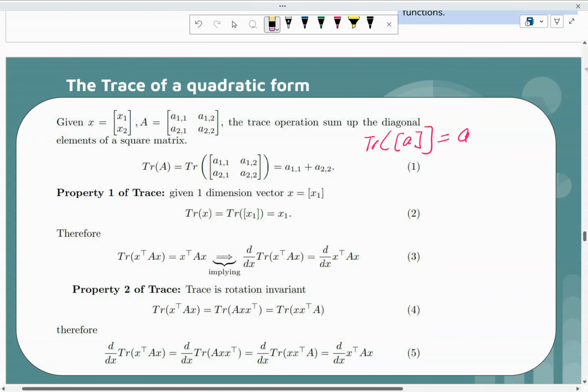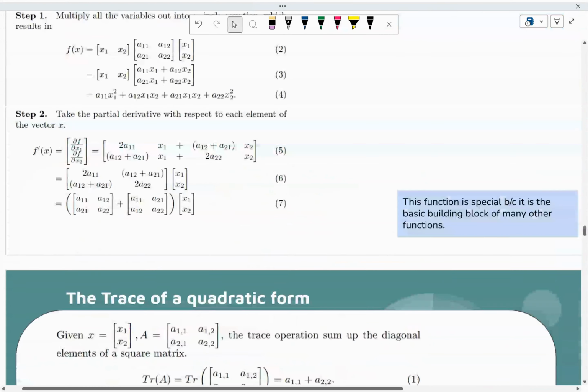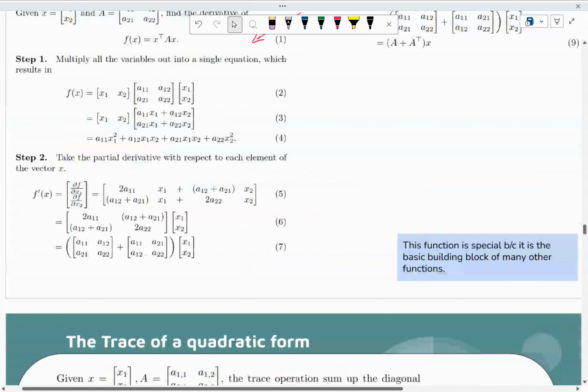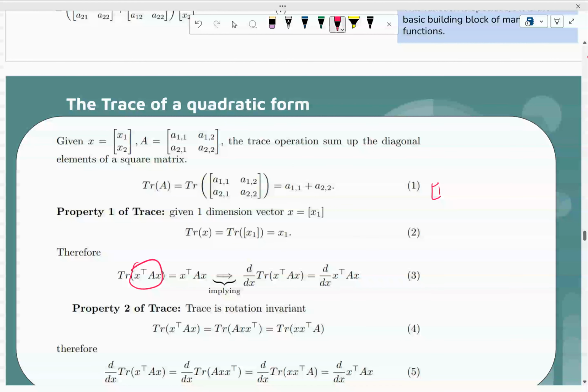Now, what is interesting with the quadratic that we just saw right here is that it ends up being a number. Let's do a quick example. Let's say we have x, and let's say we have 1, 0, 1, 0, 0, 1, 1, 0. So this is x transpose Ax.